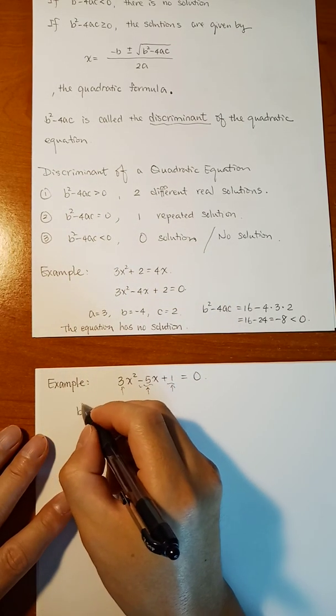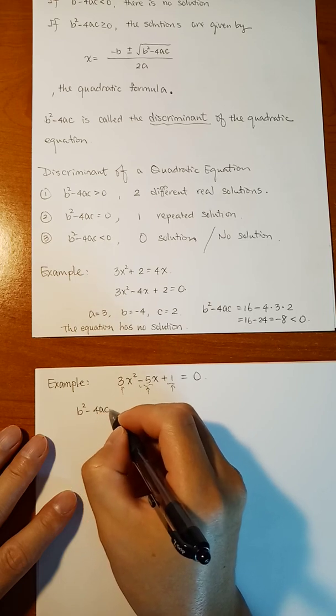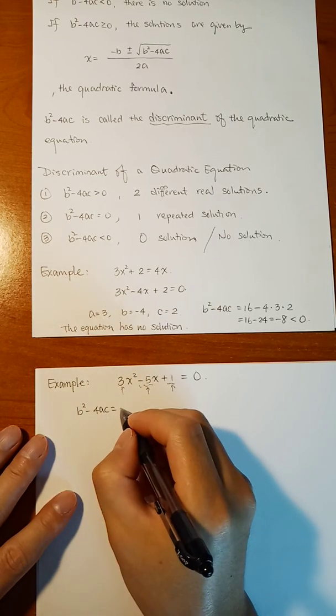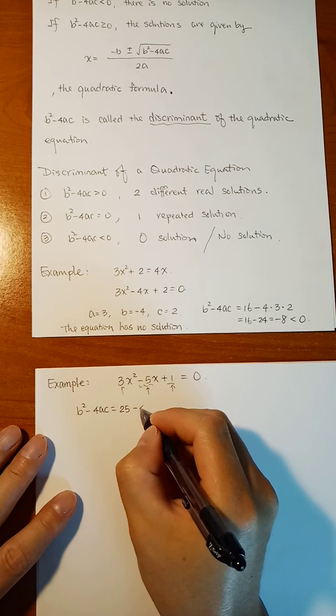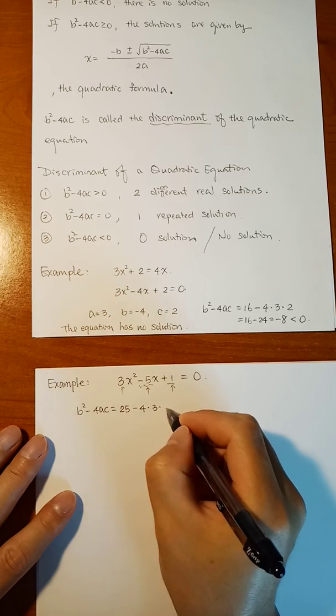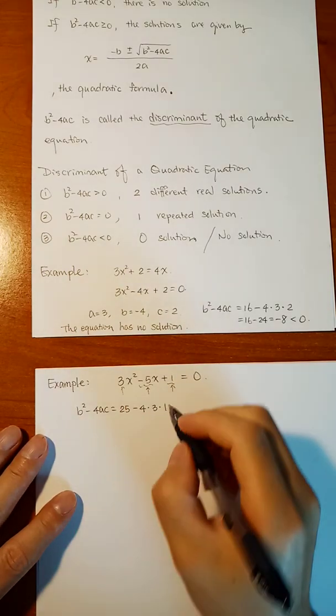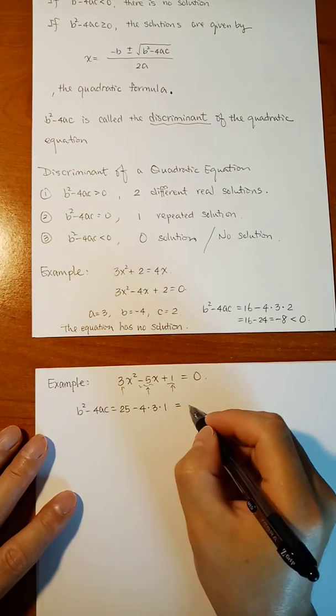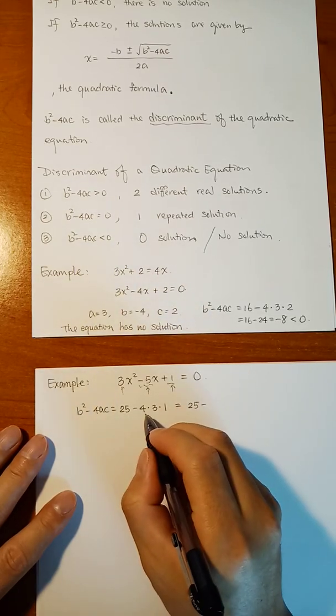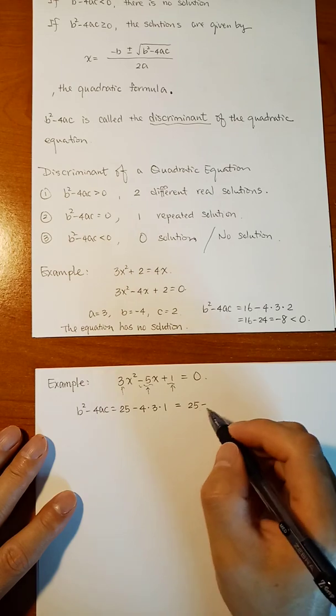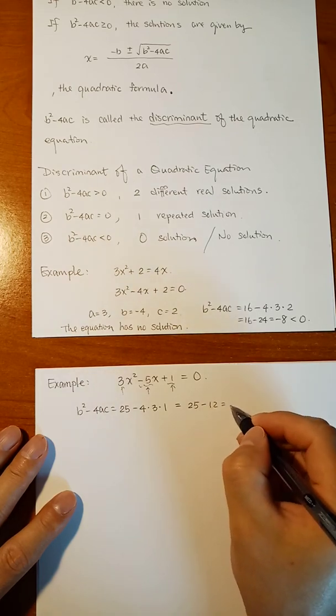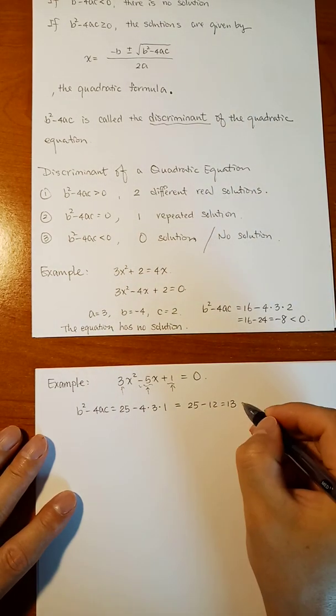First you examine b squared minus 4ac. b squared, negative 5 squared, is 25, minus 4 times 3, which is 12. So the difference is 13, positive.